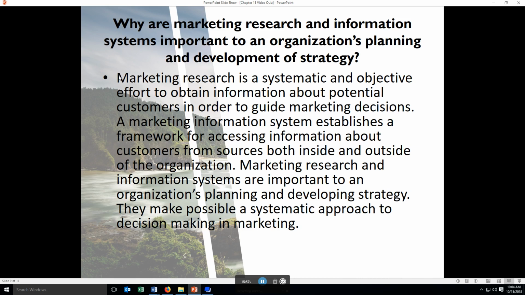So here, marketing research, we're trying to obtain information about potential customers in order to guide marketing decisions. This could be as simple as going to, say, the Chamber of Commerce. They have different types of maps. I knew when I was a banker, I knew a vet. I think I've talked about him before.